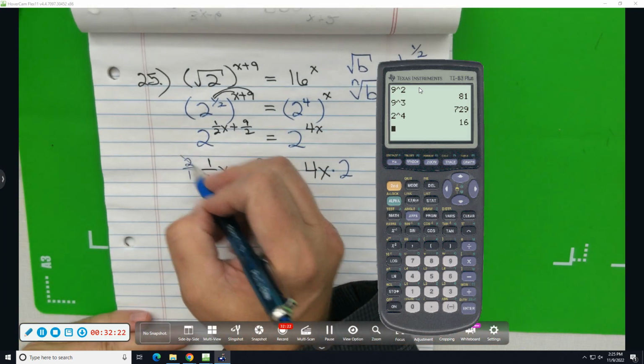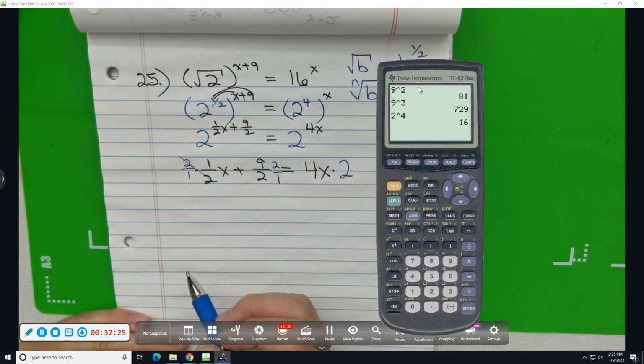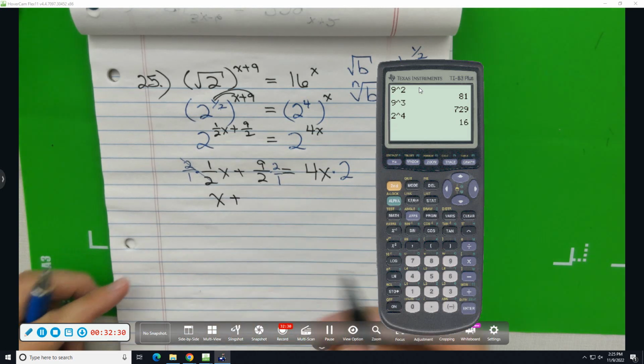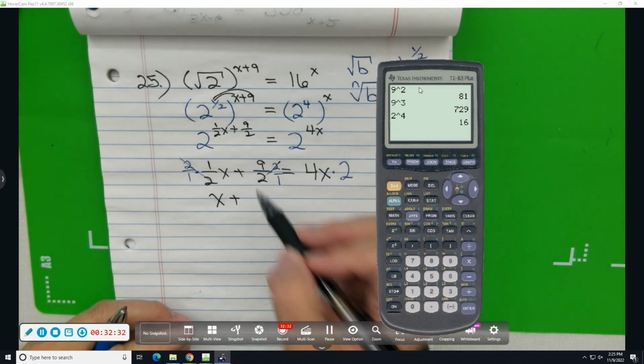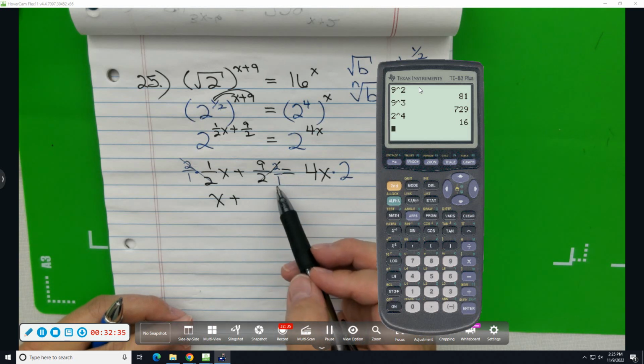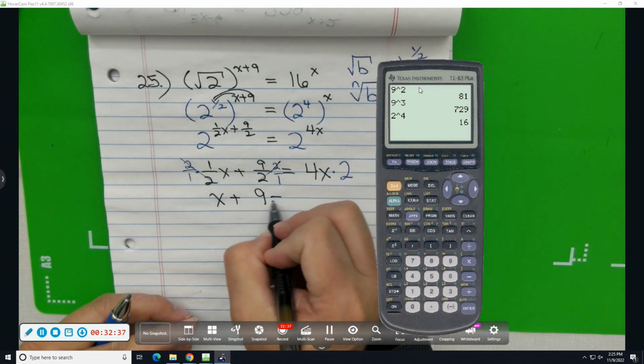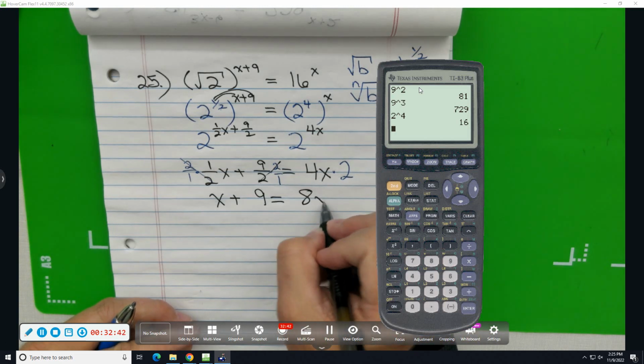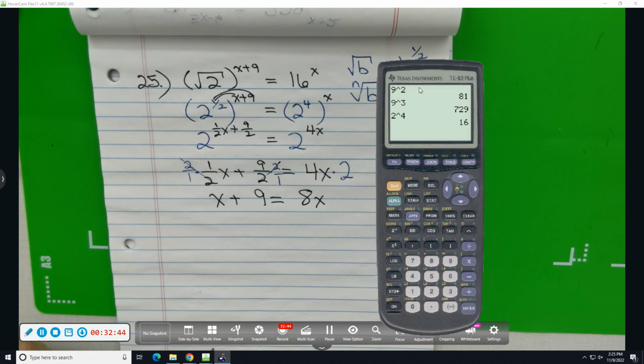The 2's cancel here. What's that going to leave us with? Just 1x, I agree, plus the 2's cancel there. 9 over 1, just a 9, and here 4x times 2 gives me an 8x. Realize the real work in these exponential equations is just getting the same base on both sides, because once you've done that, setting the exponents equal, it falls out pretty quickly.